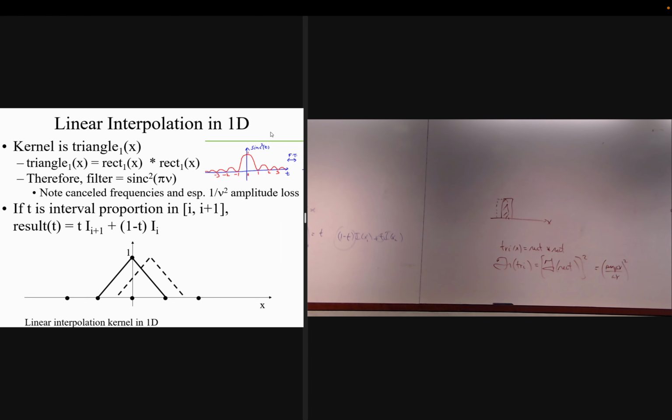You're throwing away information near the zeros of the sine function, and you're blurring, lowering the amplitudes of information at higher frequencies, like 1 over nu squared.